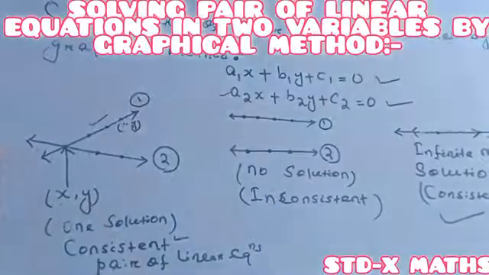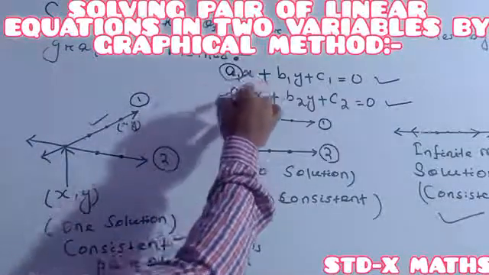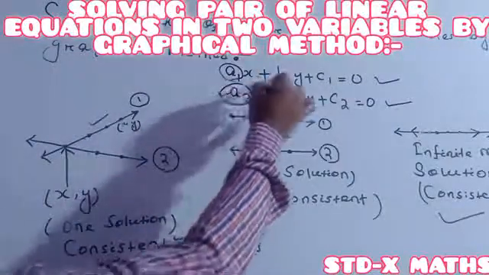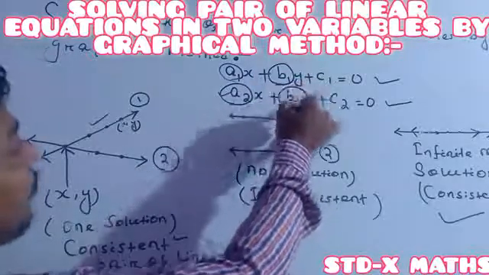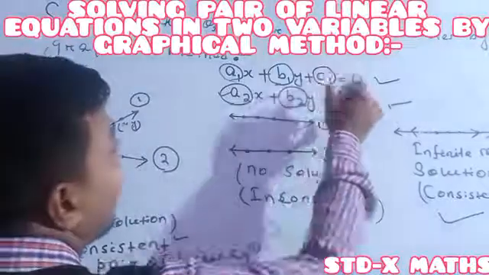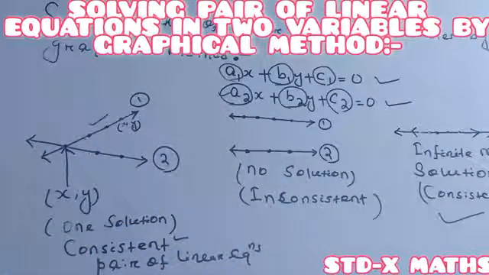Here is the relation between the coefficients. Here is the coefficient of x, here the coefficient of x, here the coefficient of y, here the coefficient of y, here the constant, and here the constant.